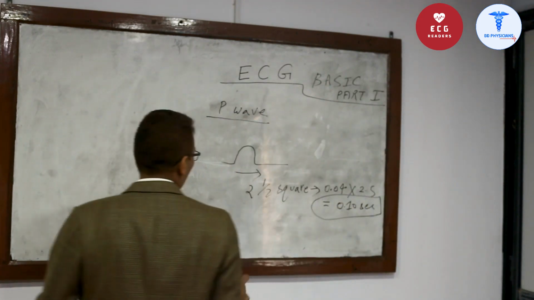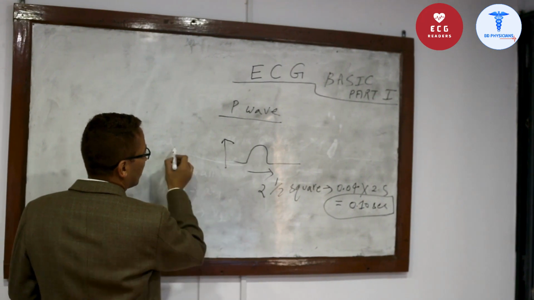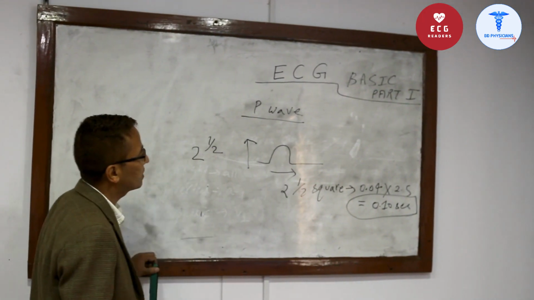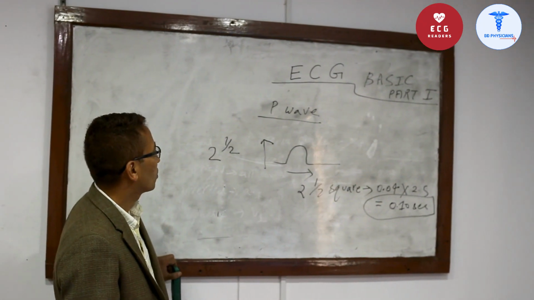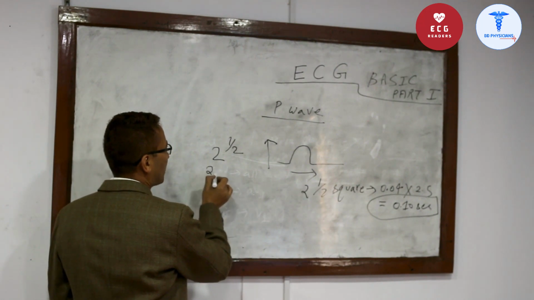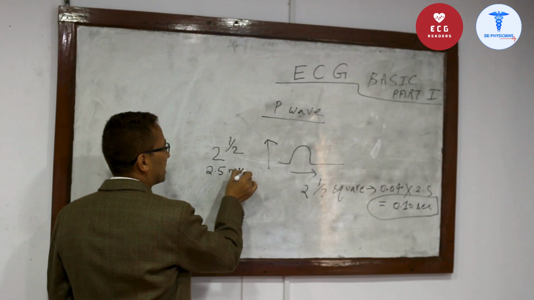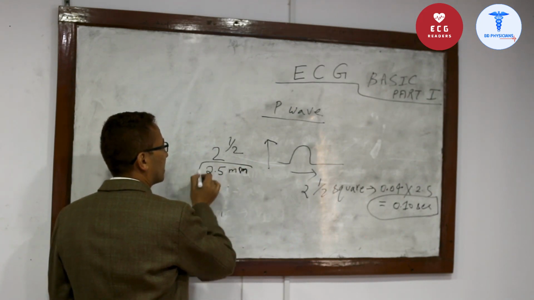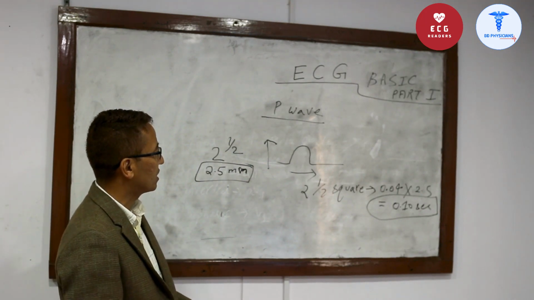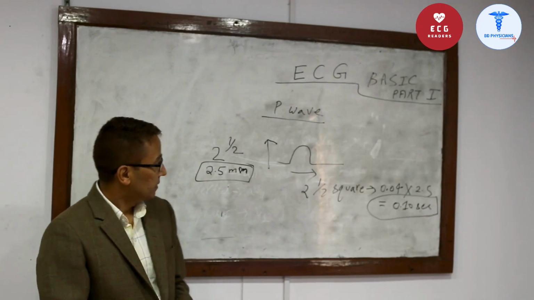Similarly, its height in the y-axis is also 2.5 small squares. One small square is 1 millimeter, so 2.5 millimeters is normal, and a time duration up to 0.10 second is normal.